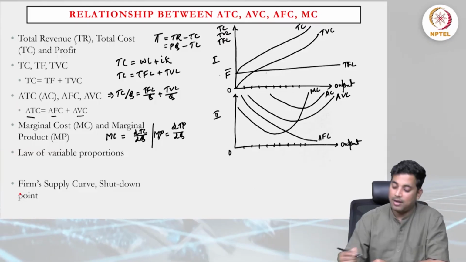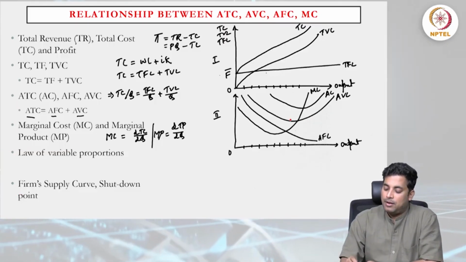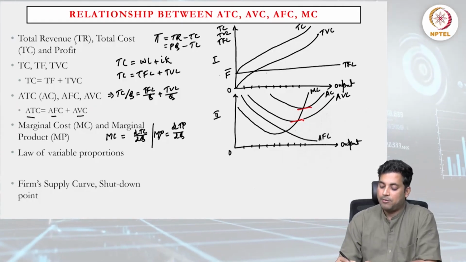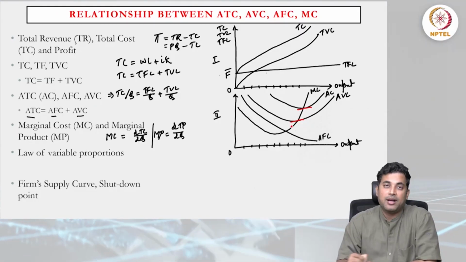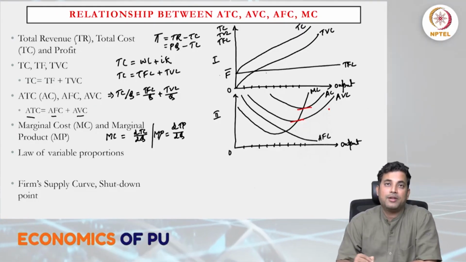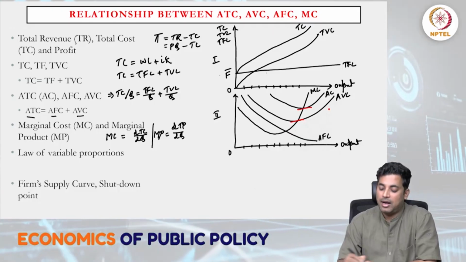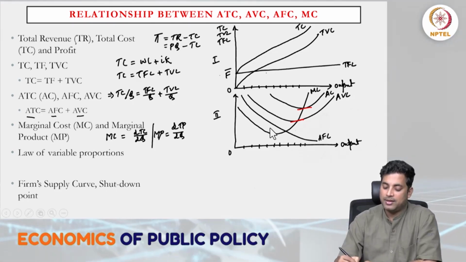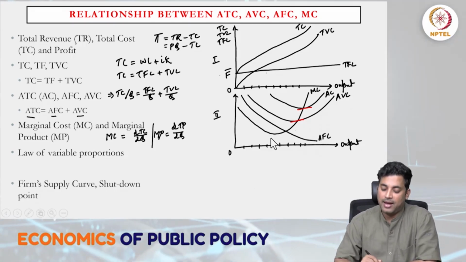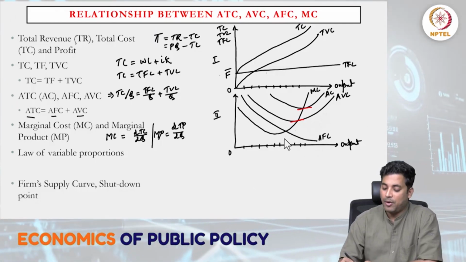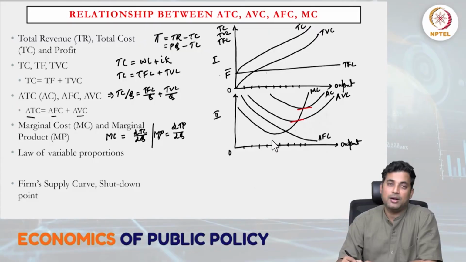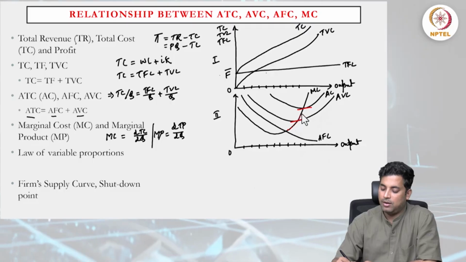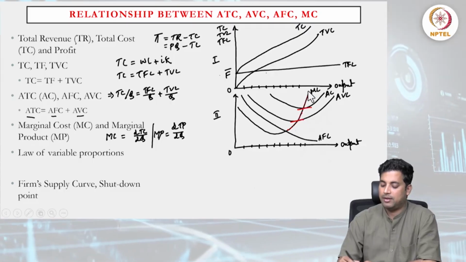And we are not discussing this point because you already know, I suppose, that first average variable cost will reach its minimum, and then average cost will reach its minimum, and marginal cost first decreases, reaches a minimum point, and then starts increasing, and it will touch both minimum points.